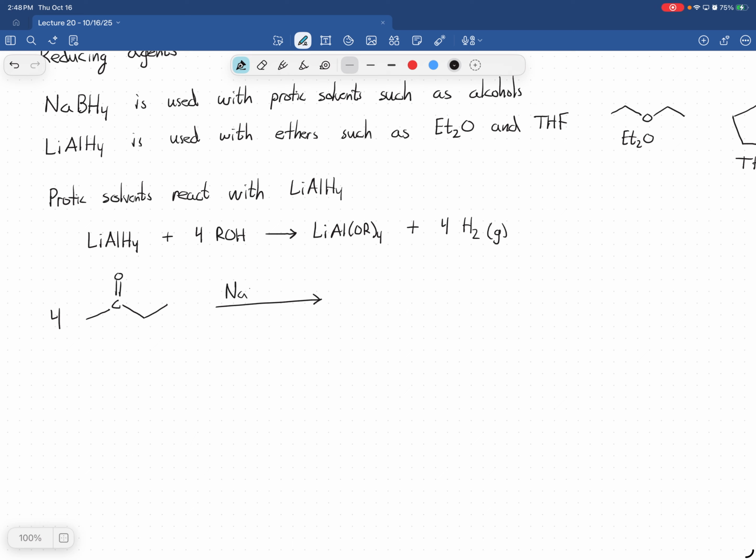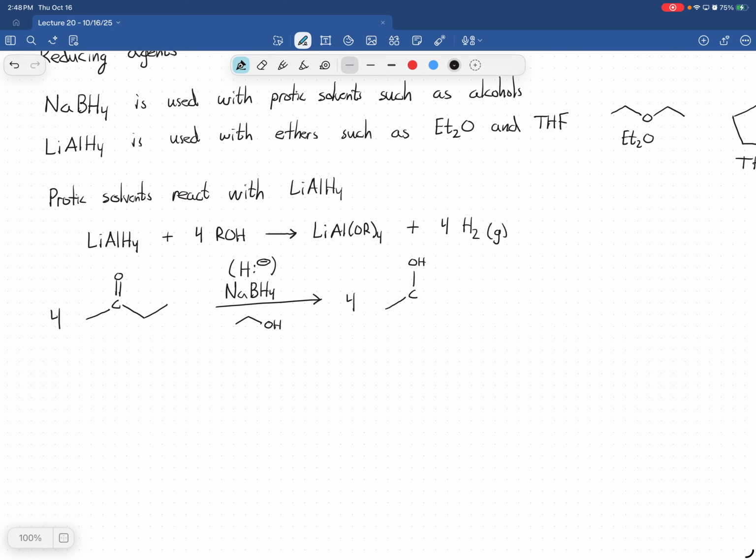Sodium borohydride, ethanol. I want you to think of sodium borohydride as a source of H minus. It's just donating a nucleophilic hydrogen atom. And what you get here is the alcohol.